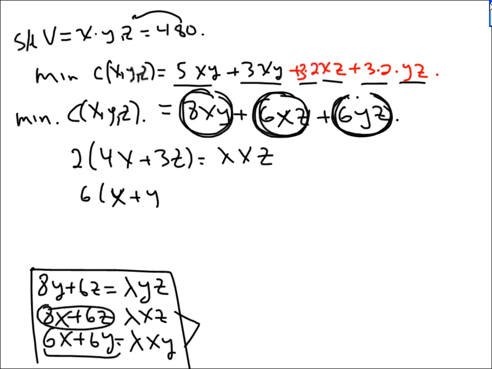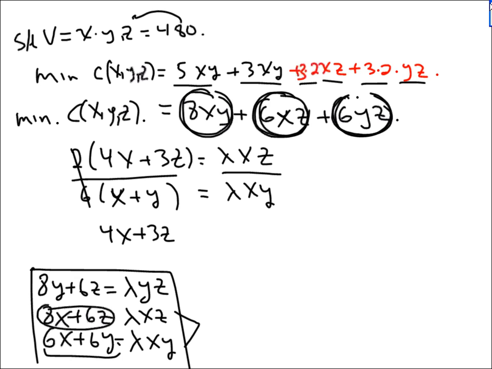So 6 times x plus y is equal to lambda xy. And then I divide the two equations. I get 4x plus 3z divided by x plus y. The lambdas cancel, the x's cancel. x, y, and z are positive. This is equal to z over y.